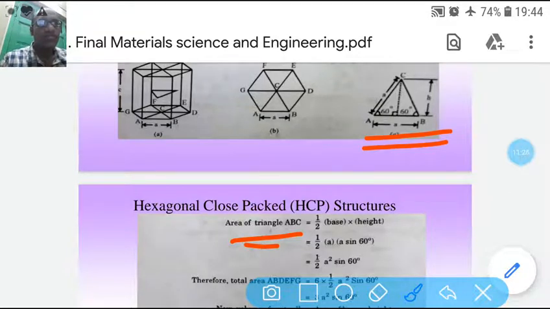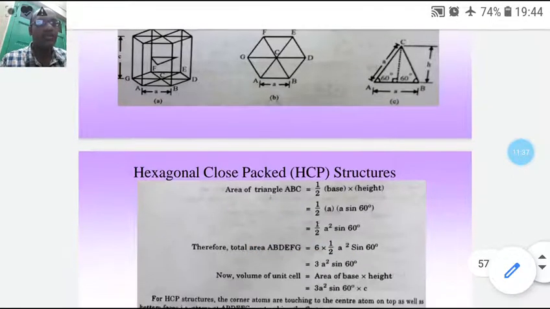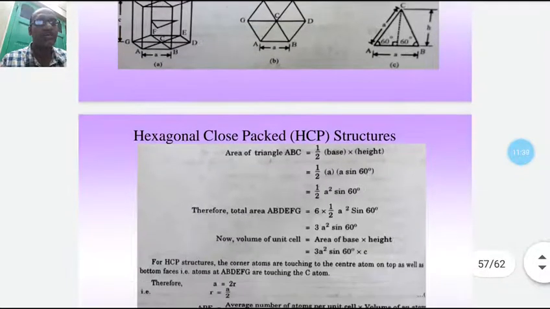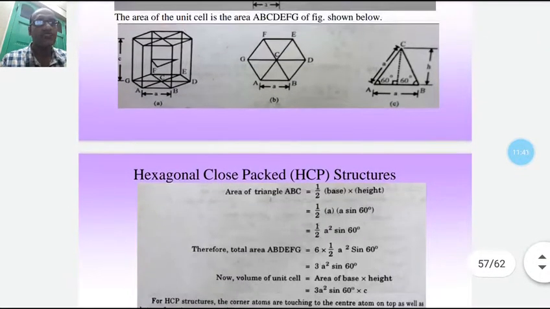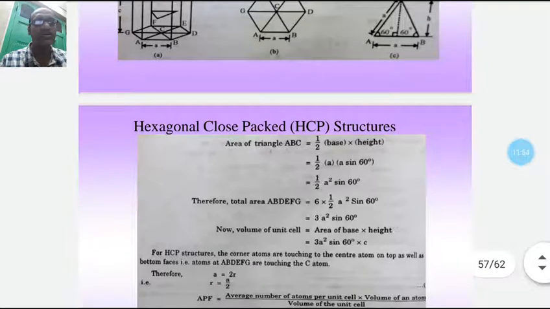So half into a, and the height h is a sin 60, and ultimately we get half a square sin 60. Therefore the total area of the basal plane, 6 times this small triangle ABC, is 6 into half a square sin 60, that is 3a square sin 60.